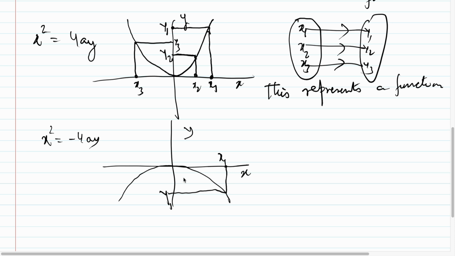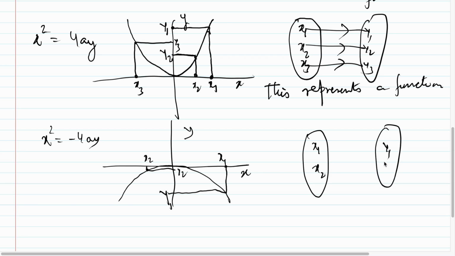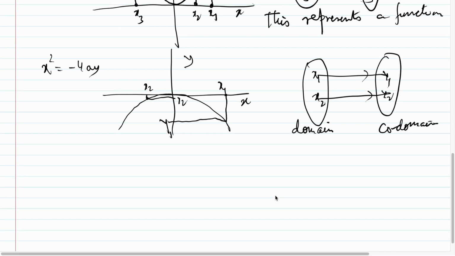So the same condition holds: for one value of x, there is exactly one value of y in the codomain. You can see that each element in the domain set is being mapped with only one element in the codomain set. So this also represents a function.